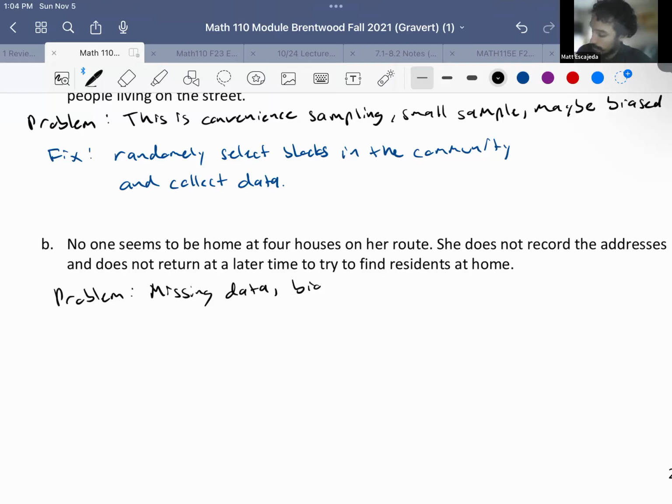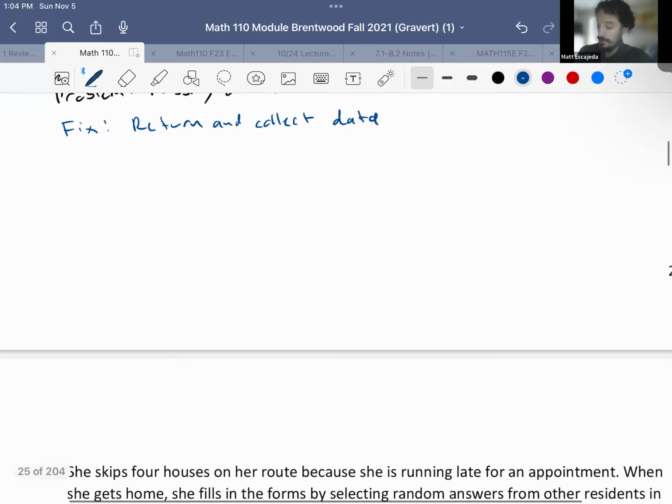So how you fix this is you would return and collect data. Within these types of data, you want to make every effort to interview all members of a targeted sample. You shouldn't leave anyone out. So that's how you fix that.